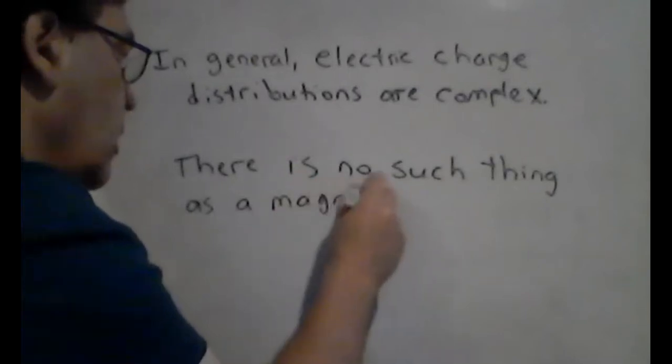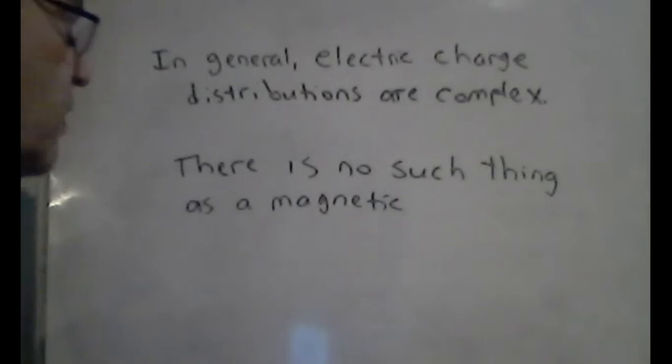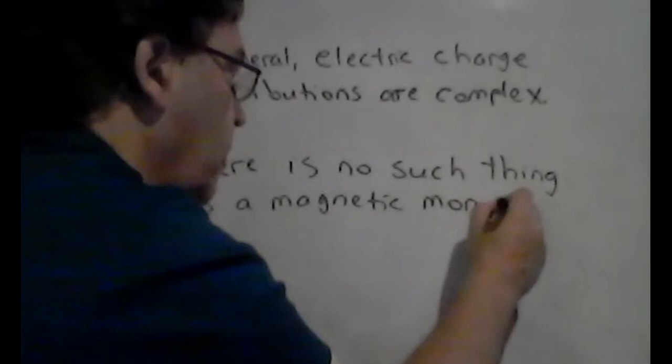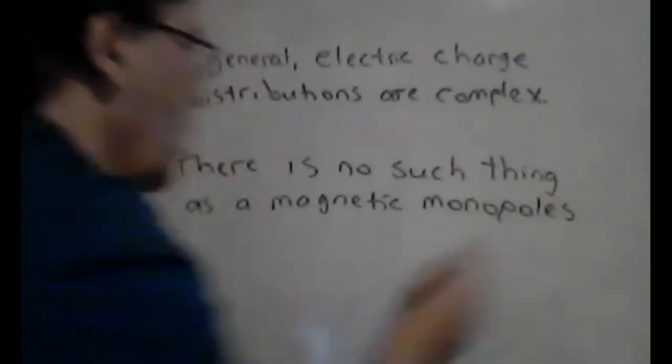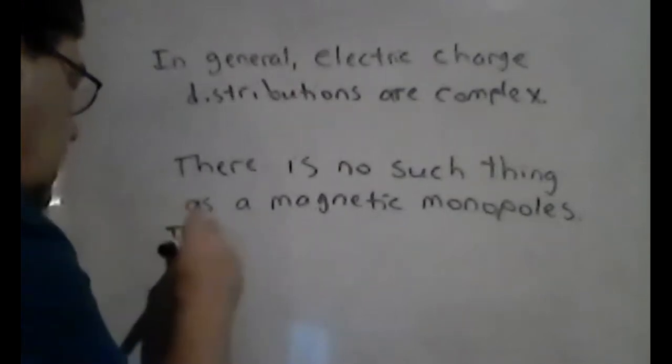You can look for one until the end of the world. No one's ever discovered one. So no magnetic monopoles exist. Basically, there is no such thing as magnetic charge.